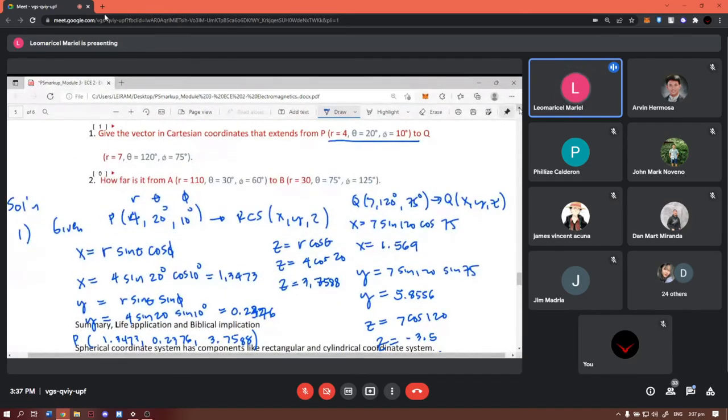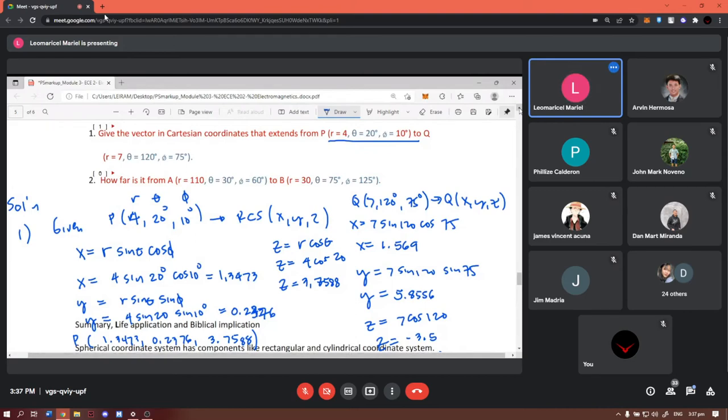Next. So, how far is it from A, that is R equals 110, 30 degrees, and 60 degrees, to B, that is 30, 75, and 125 degrees. Ano tinatanong na how far?